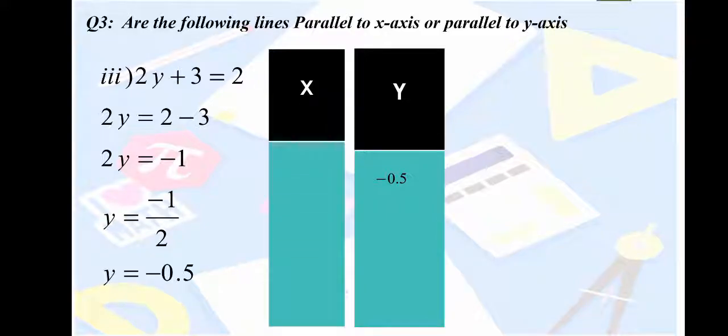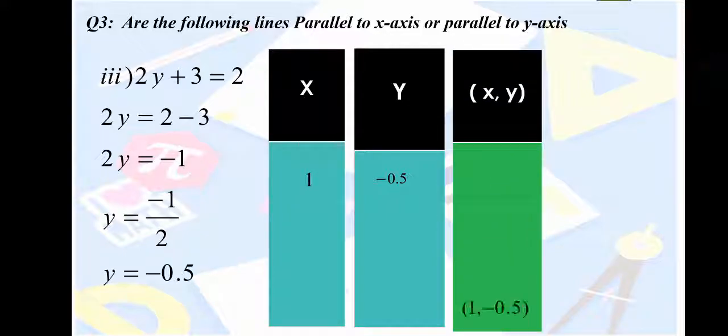For x column, take random values. The first value in the row is 1. So the ordered pair will become 1 and minus 0.5, where 1 is representing x value and minus 0.5 is representing y value. Second row of y is minus 0.5 and second row of x is 2.